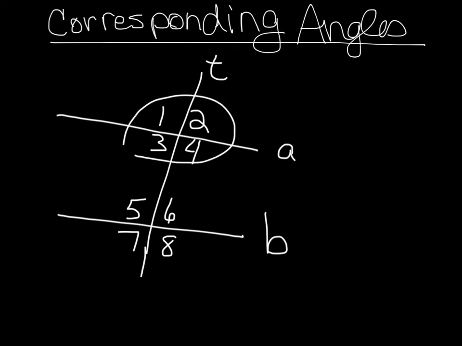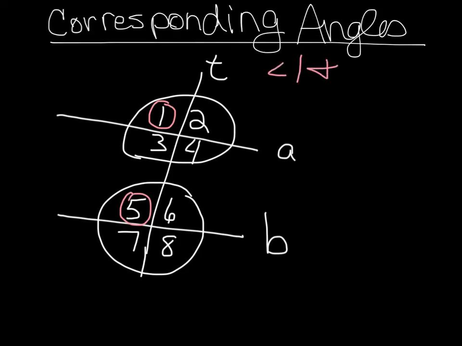The second group is 5, 6, 7, and 8 at the bottom. Corresponding angles means they have corresponding positions. Angle 1 is holding the top left position in its group. What holds the top left position in the other group? 5. Therefore, angle 1 and angle 5 are corresponding.